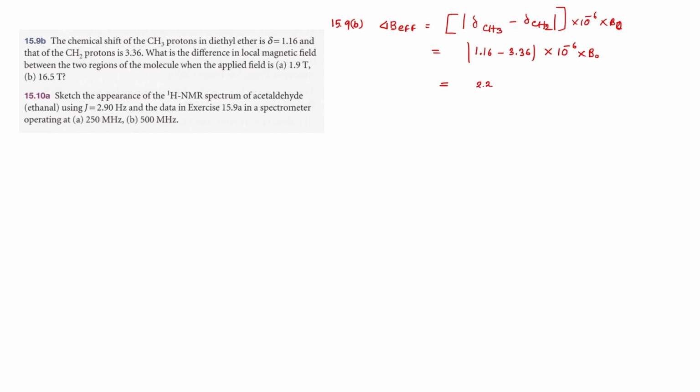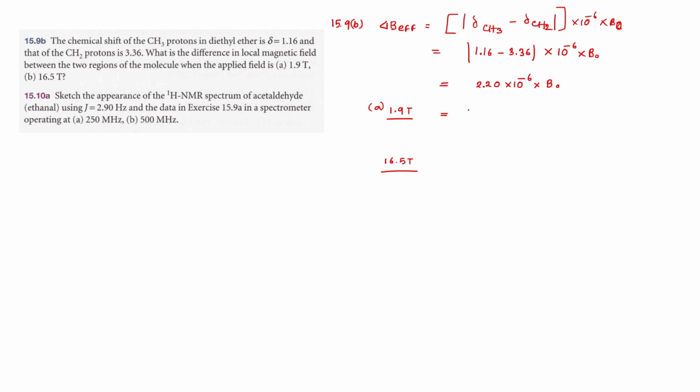2.20 into 10 to the power minus 6 into B0. For the first we'll do it for 1.9 Tesla and then for 16.5 Tesla.